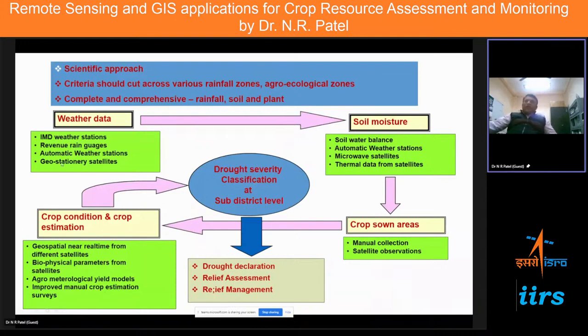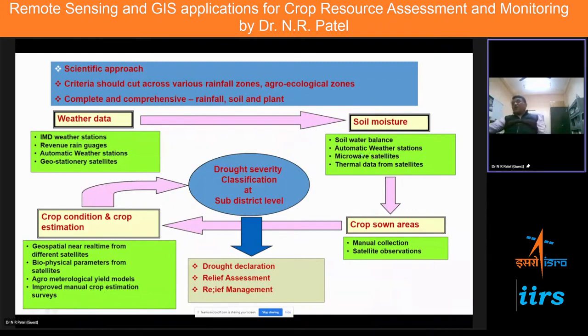Like for rainfall and weather related observation, there are geostationary satellites, rain gauge, IMD, India Meteorological Department, some observatory data, automatic weather stations. Because agriculture drought means inadequacy of soil moisture in the root zone. So we need to monitor fluctuation in the soil moisture.